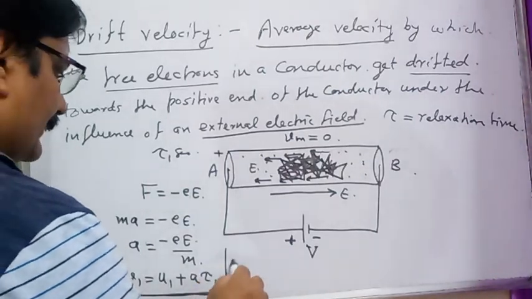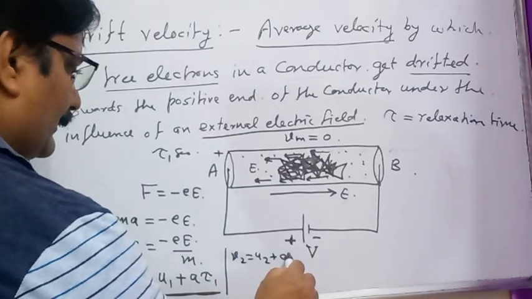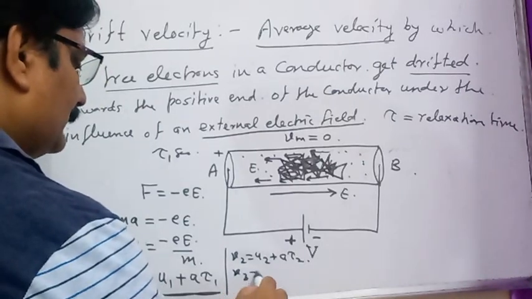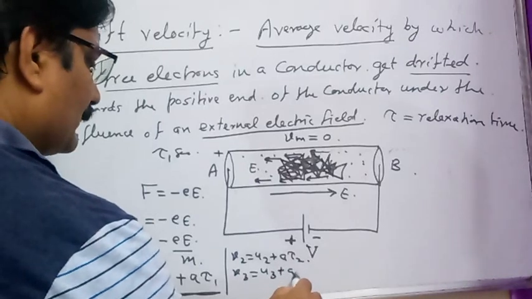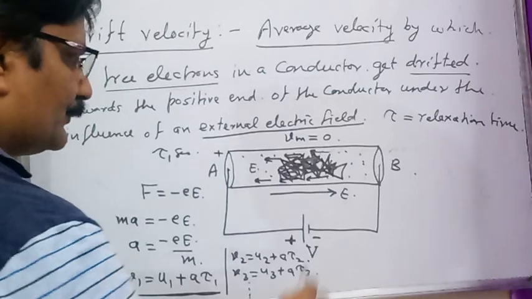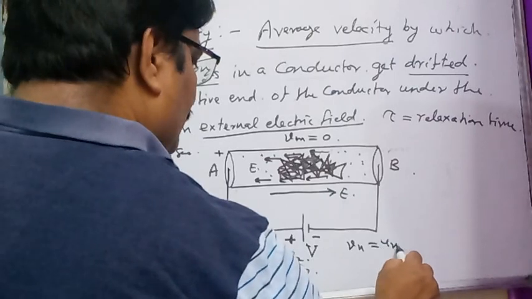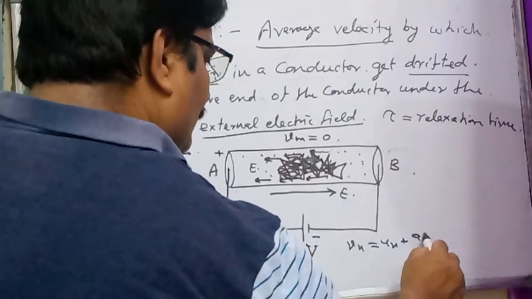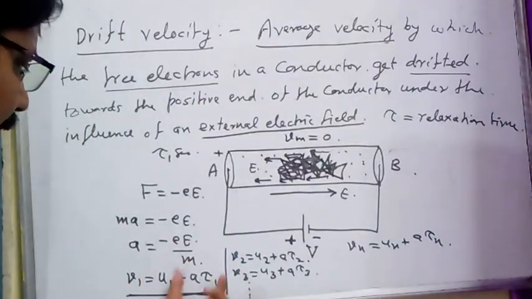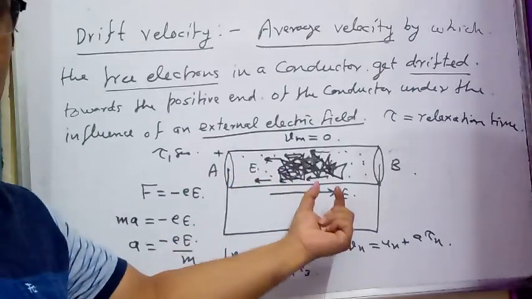Similarly, for the second electron, v2 equals u2 plus a tau 2. For the third electron, v3 equals u3 plus a tau 3, and so on. Suppose n electrons are there, then the velocity acquired by the nth electron can be written as un plus a tau n. These are the velocities acquired by the free electrons in the conductor after the application of the external electric field.